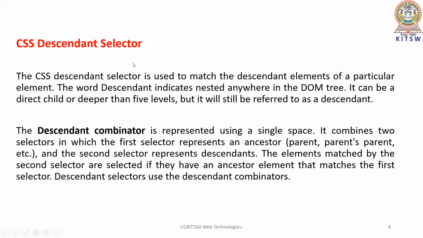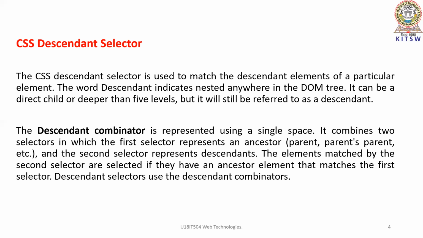The descendant combinator is represented using a single space. It combines two selectors in which the first selector represents an ancestor, parents, etc., and the second selector represents descendants.